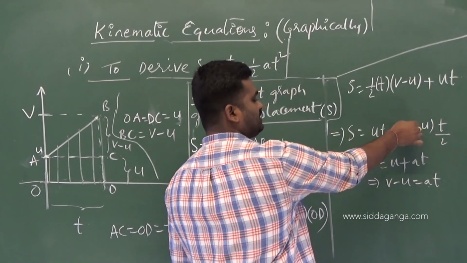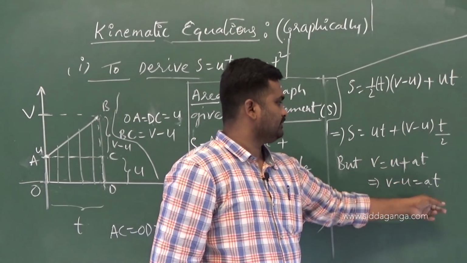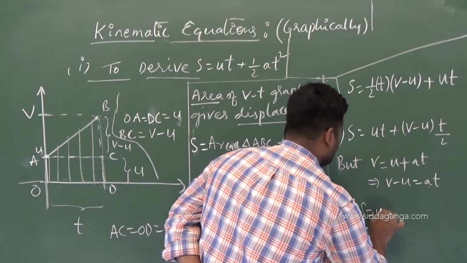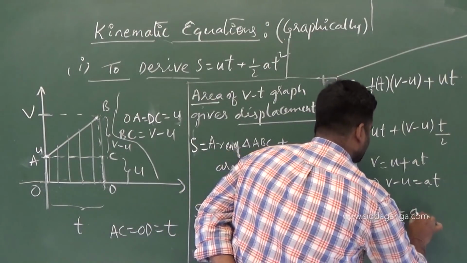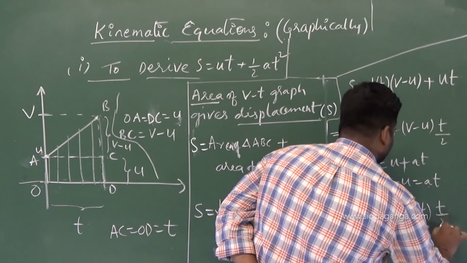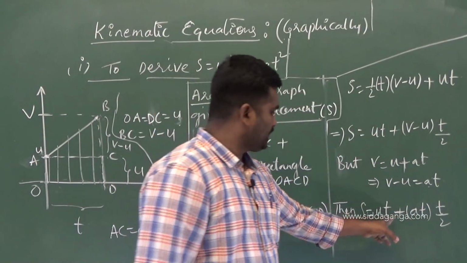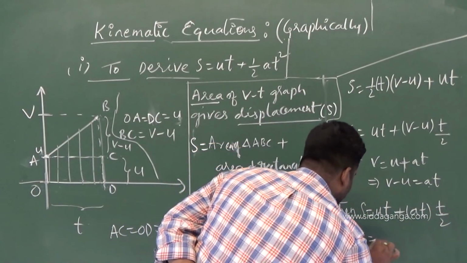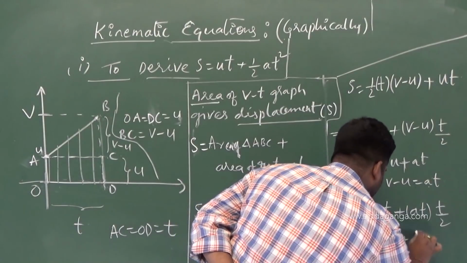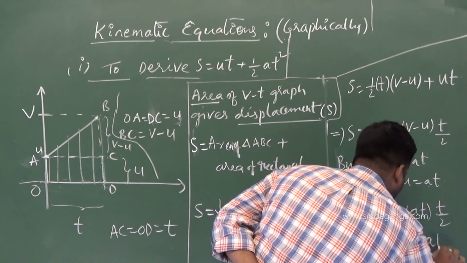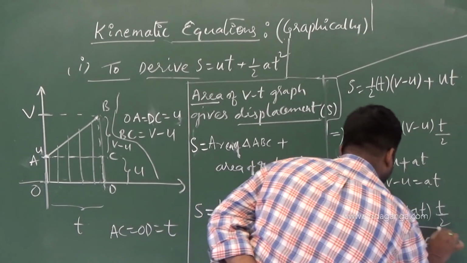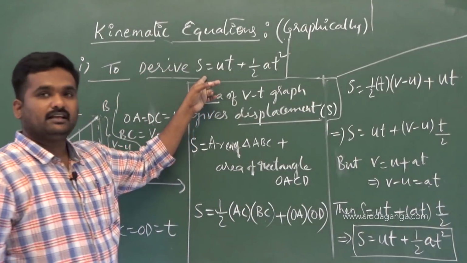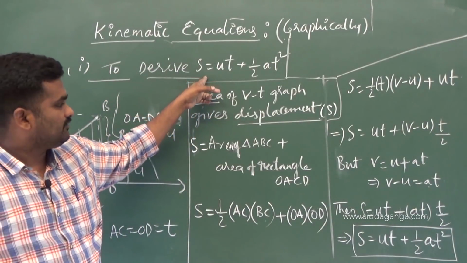Substituting this AT value in place of V minus U into this equation, S equals UT plus AT into T by 2. Rewriting this equation, you get S equals UT plus half AT square. See, we have derived the equation which we want: S equals UT plus half AT square.